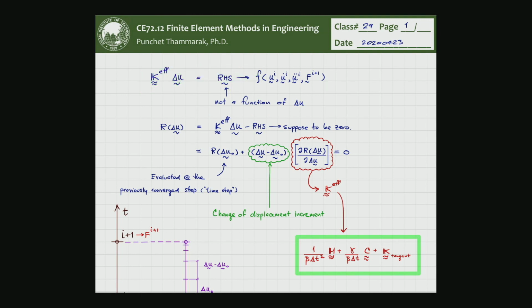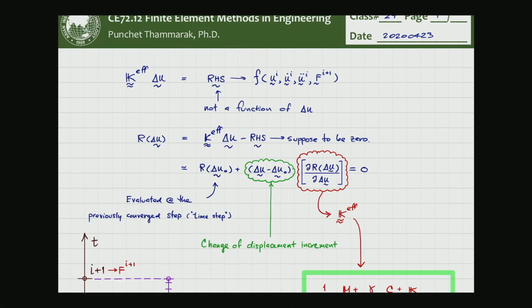So the residual is supposed to be 0, and we can approximate the residual by the R evaluated at delta U naught times the increment of delta U, and this part is the tangent.